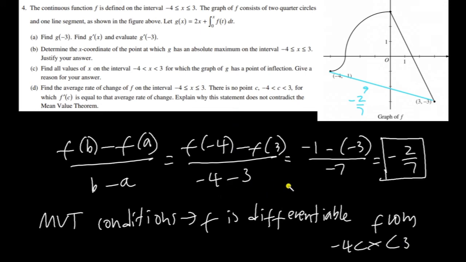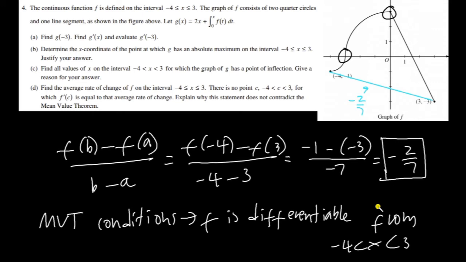So f of x is not differentiable, so f prime of x is not defined at x equals -3 and x equals 0. Since f prime of x is not defined at those points, the mean value theorem does not apply because the conditions are not met. So basically all I have to say is that f prime of x isn't defined at those two points, so the mean value theorem doesn't apply.